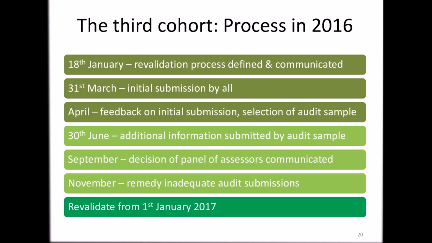So in April, we will assess the CPD returns from those who have selected option A. The feedback we will provide initially will be overall feedback on the quality of the set of CPD submissions that we have received. And once you have received this general feedback, if you would like specific feedback on your submission, just let us know.